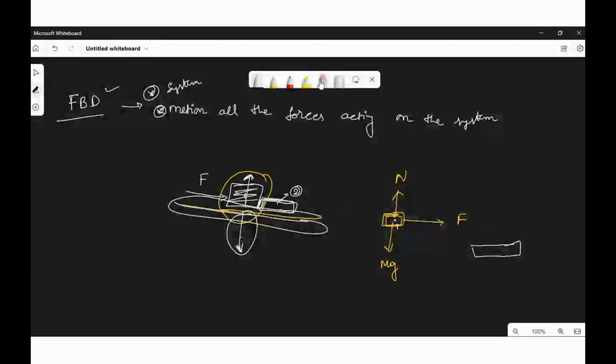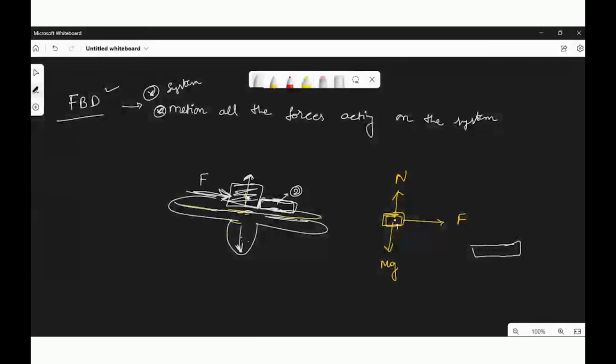Now, does the force you see act on the second body? No, right? That force is acting only on the first body. Correct. So this is where our intuition may sometimes lead to a wrong assumption. This force is acting only on the first body.